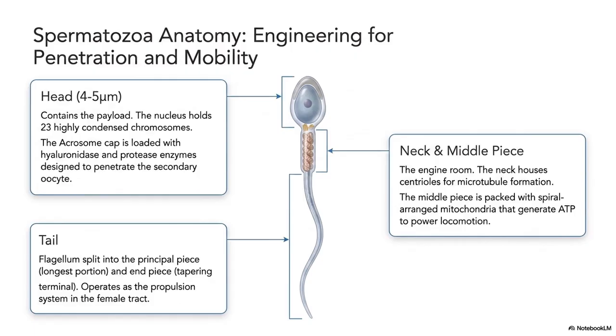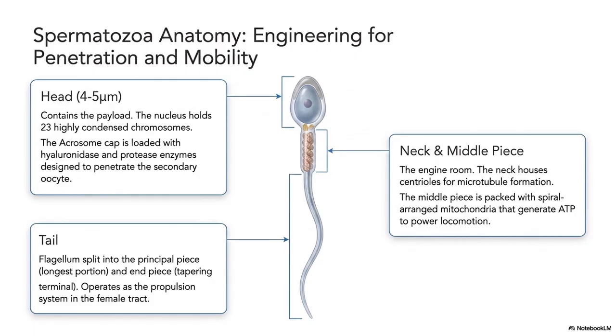Now the tail part helps the sperm to move in the female genital tract, and it mainly consists of four parts, that is the neck, middle piece, principal piece and the end piece. The neck is a constricted region below the head. It contains centrioles. The centrioles form the microtubules that form the remainder of the tail.